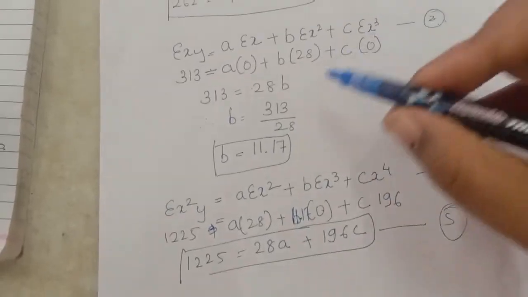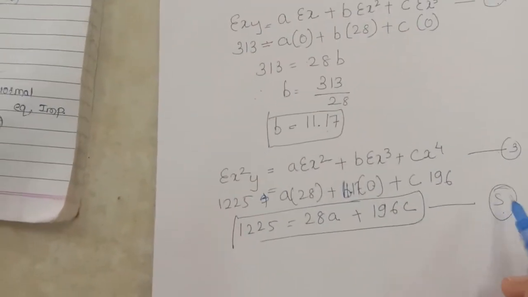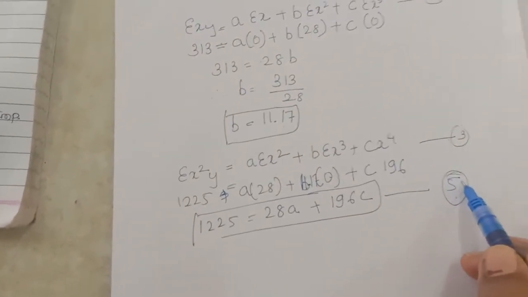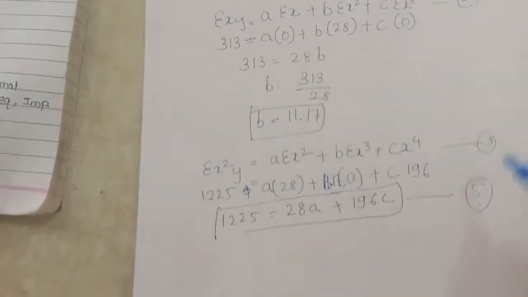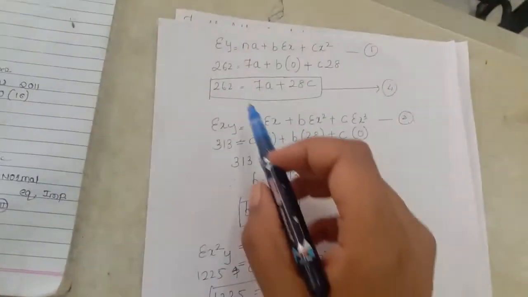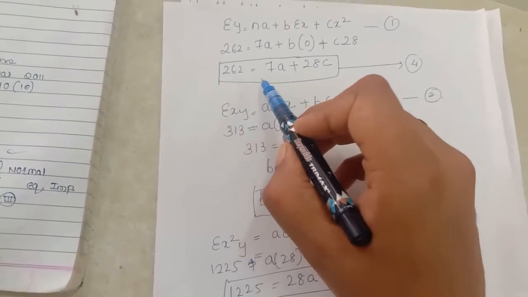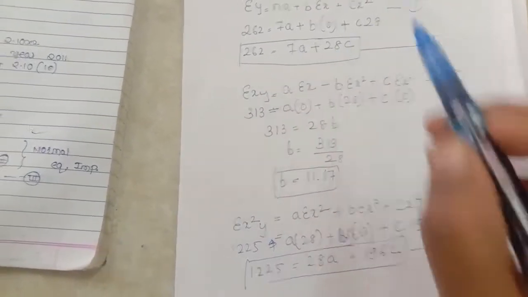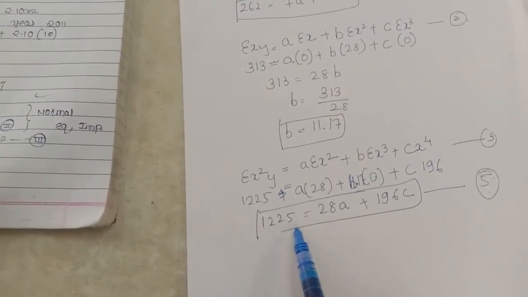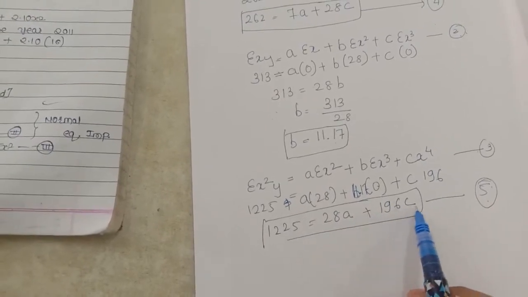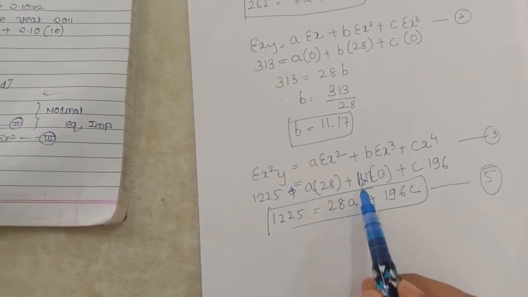From the second we got the value of b. From the third we got the fifth equation. Now see the fourth equation and fifth equation. The fourth equation is 262 is equal to 7a plus 28c, and the fifth equation is 1225 is equal to 28a plus 196c. Now you have to cancel a.